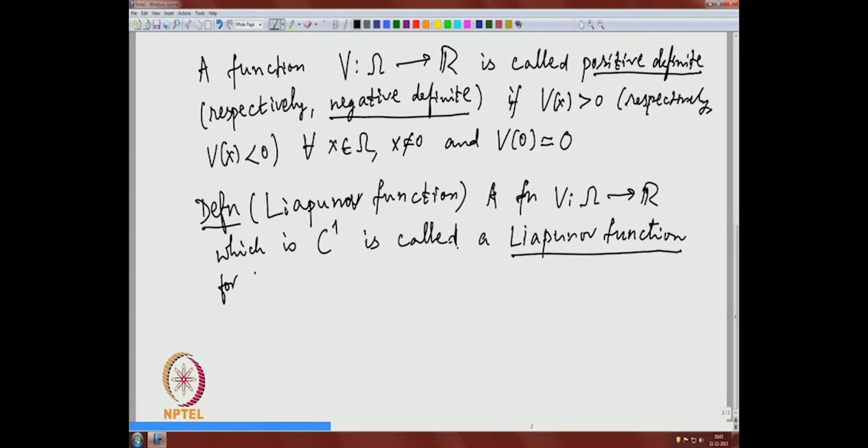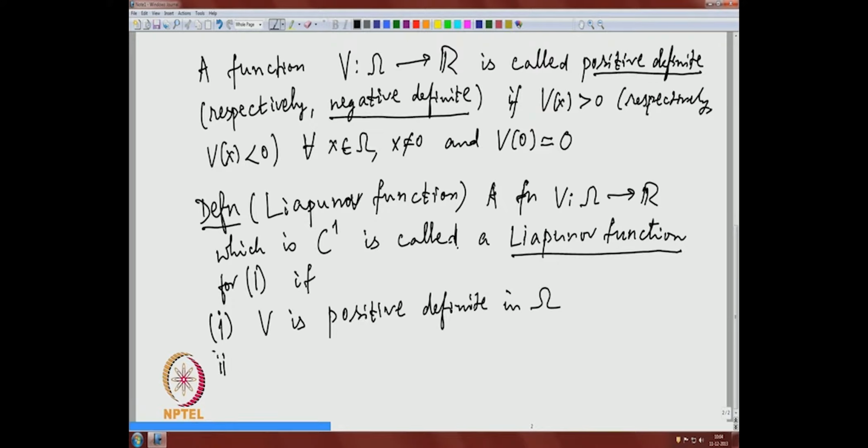So, that is where the system now enters, otherwise it is just a real valued function, right. So, what is the connection with 1? If, okay, so two conditions. One, V is positive definite in omega. So, that is the previous definition.